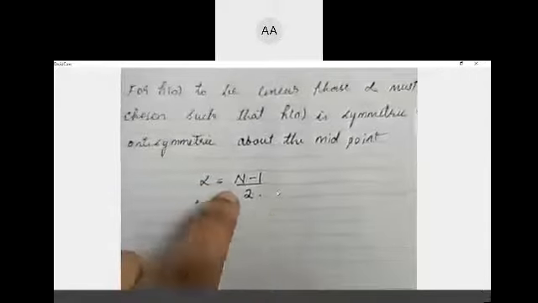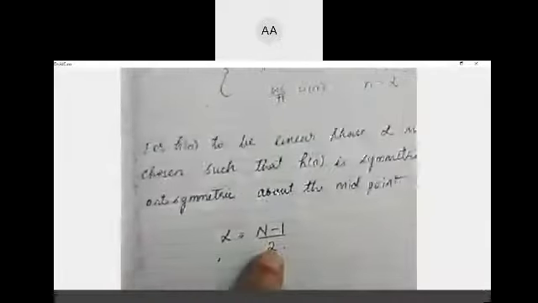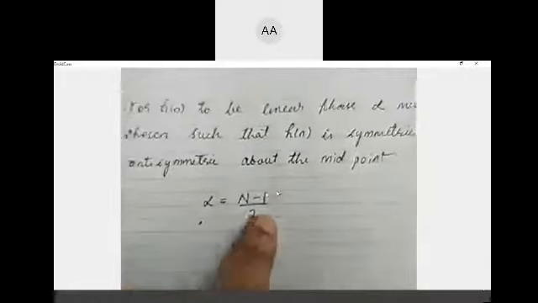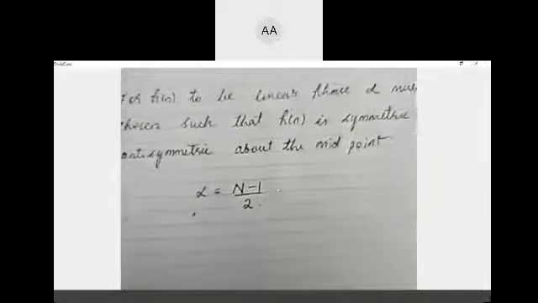In most of your problems, the alpha value will be given, or the question will be like this: some value e power minus j omega 3. That means your phase is 3 radians. That is the meaning. So when you know the phase, you can easily calculate it; if you ensure that this condition is satisfied, it means that you are satisfying the symmetric or antisymmetric property.